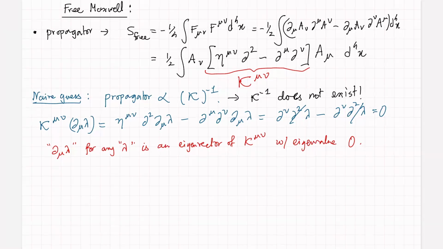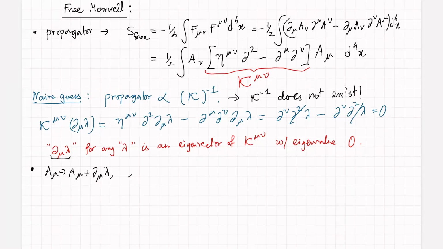Now you might think that this is a bad thing, a problem, but this is actually good. You need this thing. Why is this the zero mode? Why is this an eigenvector with zero eigenvalue? Because once we write the action in this way, A nu K mu nu A mu, I still need to ensure that under A mu going to A mu plus del mu lambda, my action is gauge invariant.